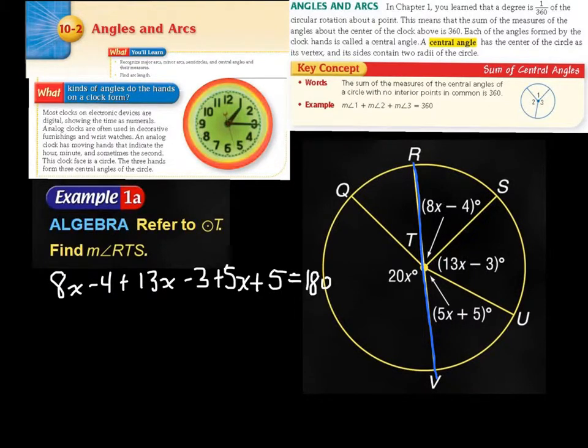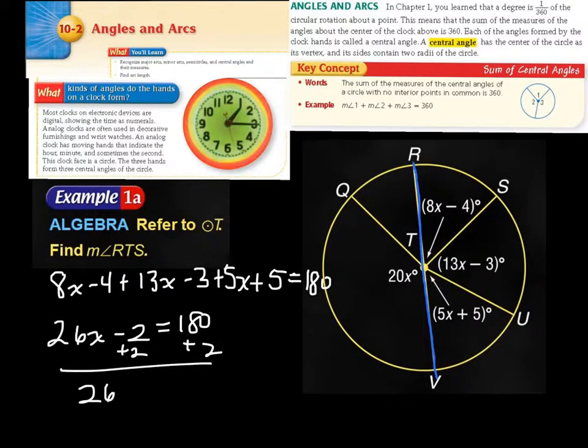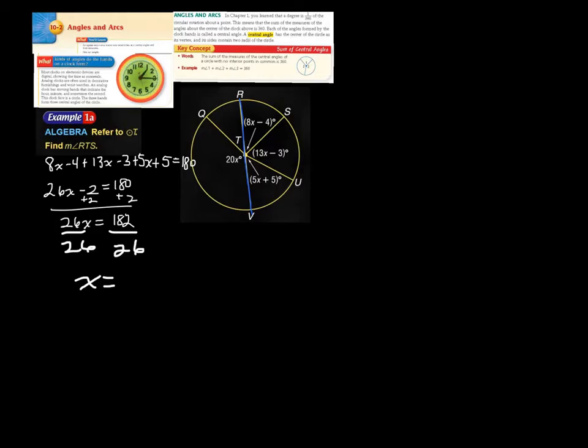So if we combine our like terms, 8x plus 13x is 21x, plus 5 more x is 26x, and -4 minus 3 is -7, plus 5 is -2. That's a lot shorter. Add 2 to both sides. So 26x equals 182. And if we divide both sides by 26, we get x is 7.